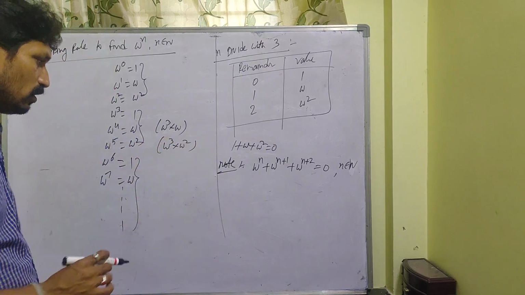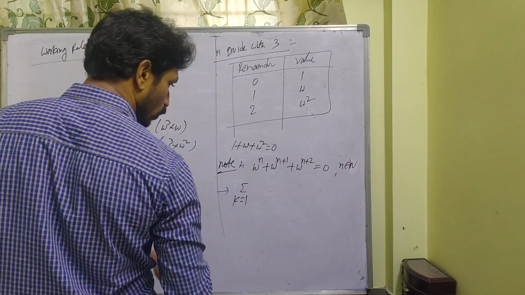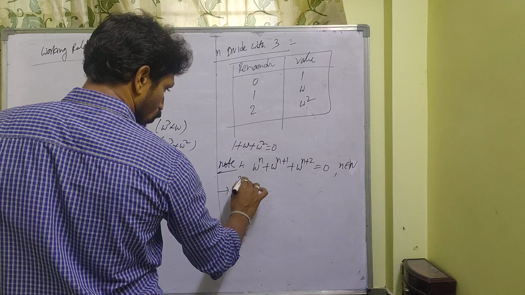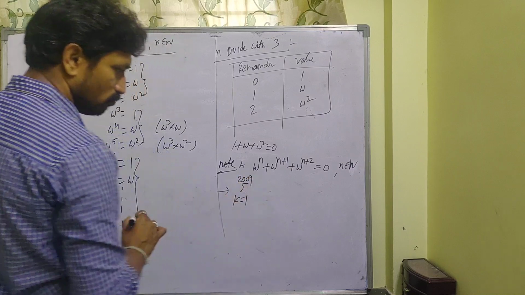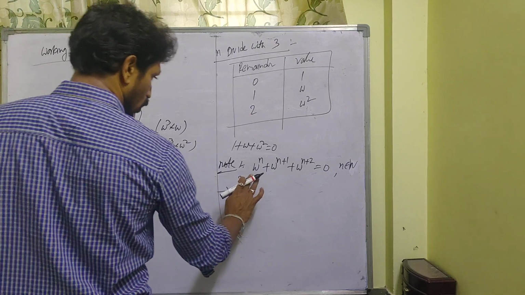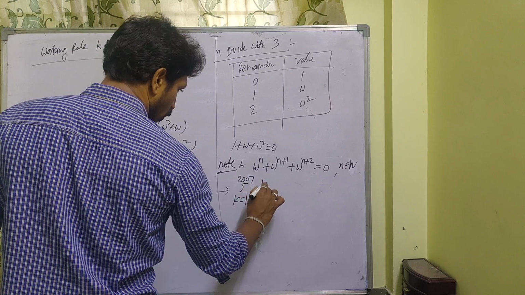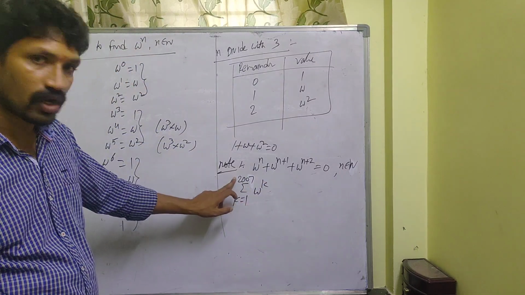See, based on that, if you take one example, sigma k is equal to 1 to 2007, omega power k, this value. See here k is equal to 1 to 2007.